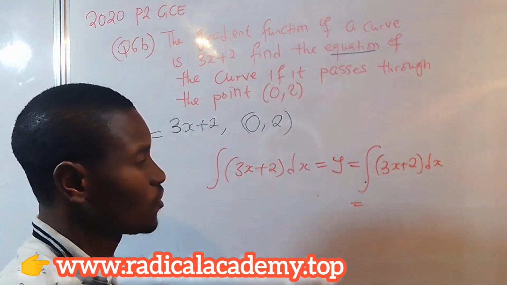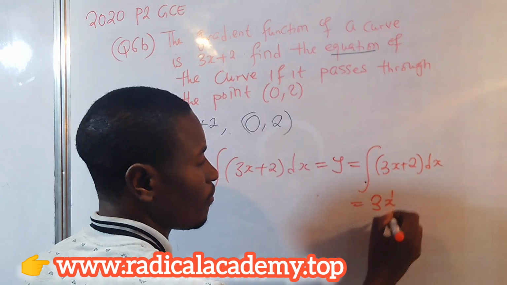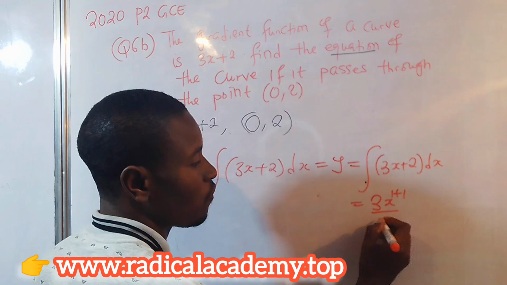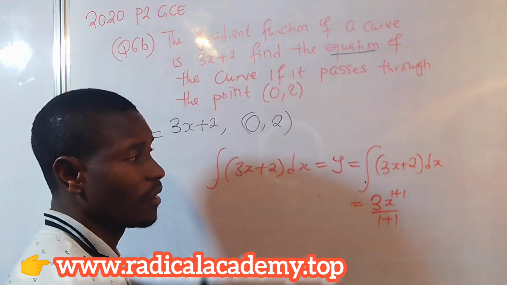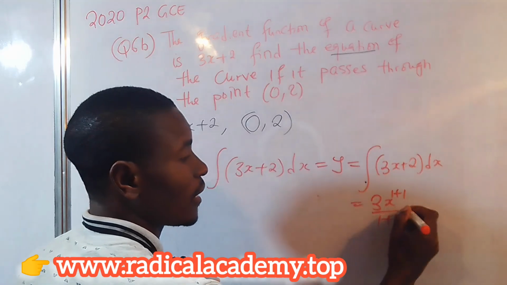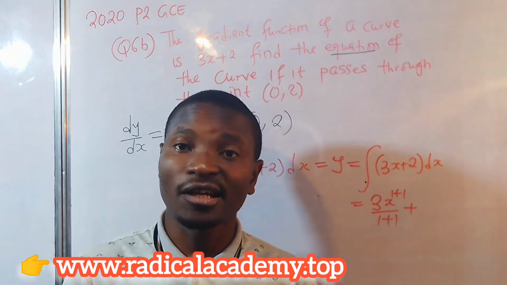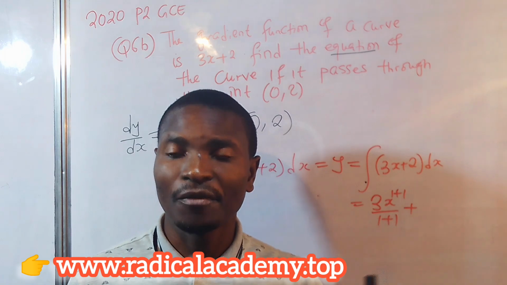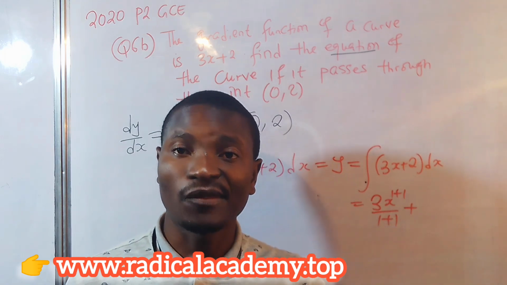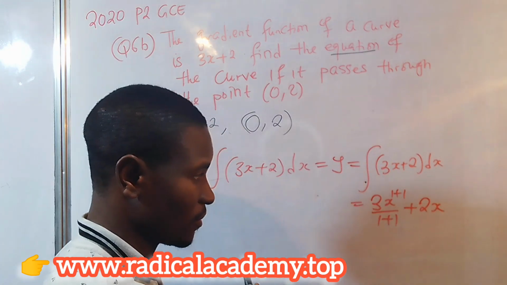So this is going to be 3x to the power 1 plus 1, over 1 plus 1. Then for the constant 2, when you integrate a constant you just add an x in front of it, so this is 2x.